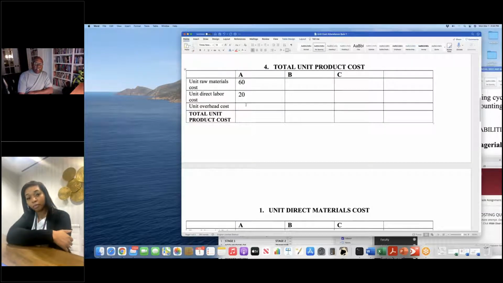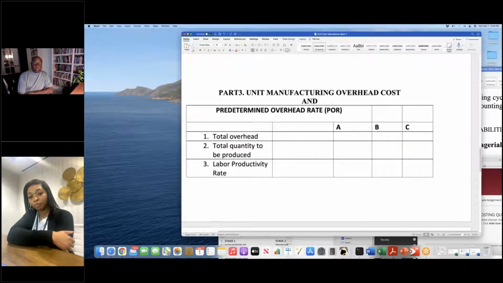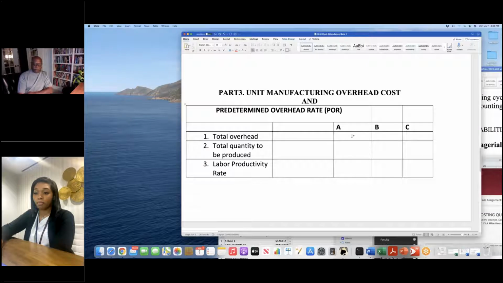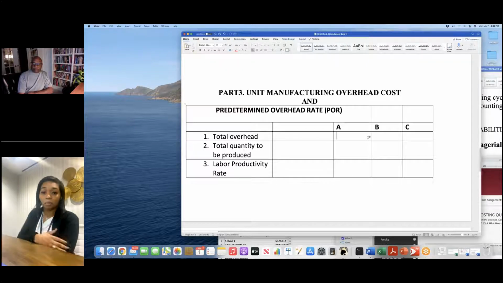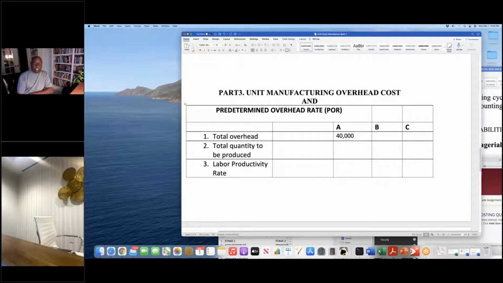Now we get to the unit overhead cost in here. We do that in this bottom one, on the first line, part 3. What's on that first line? $40,000, from the estimated overhead, an assumption. 2,000 to be produced.